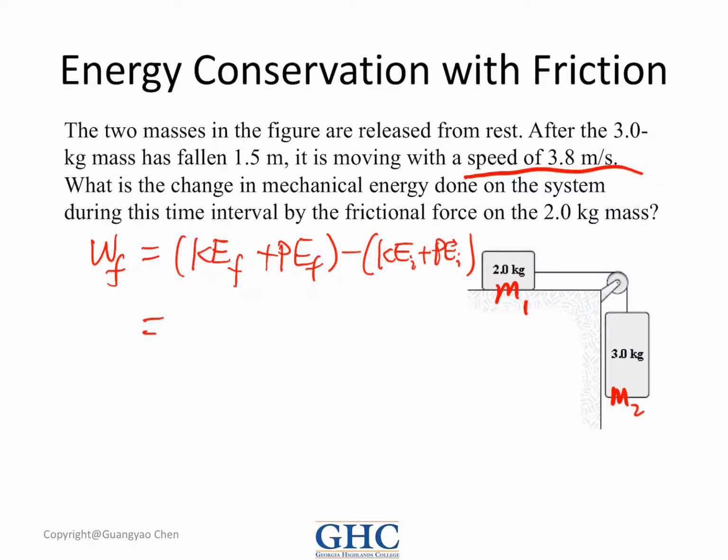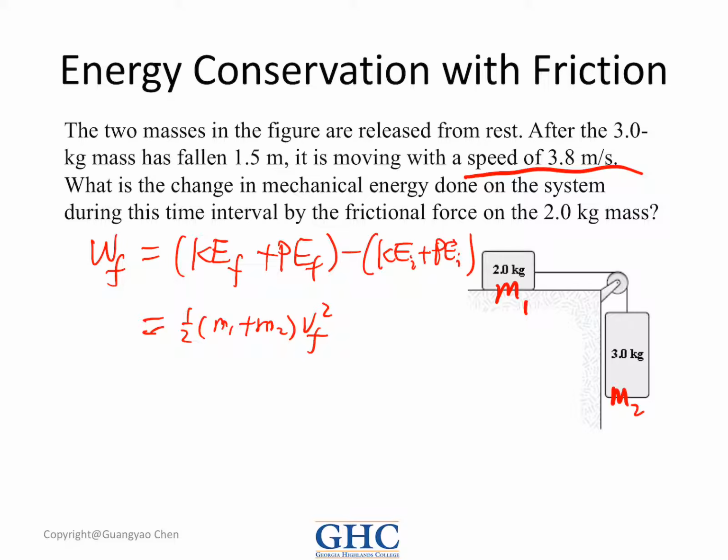And you have final mechanical energy of the system. Let's first find the final kinetic energy, which is 1/2 (m1 plus m2) vf squared.